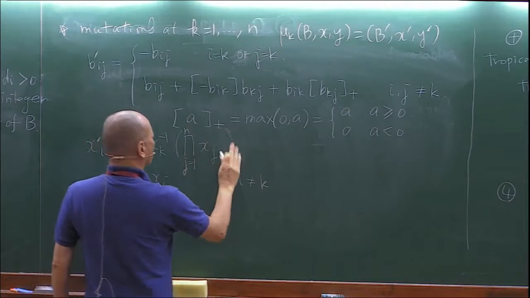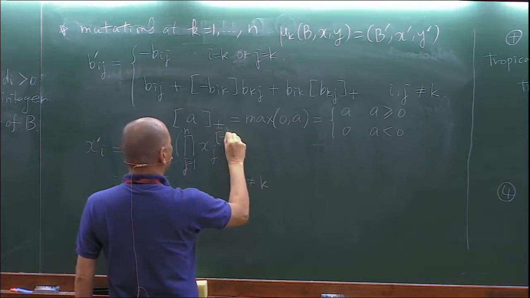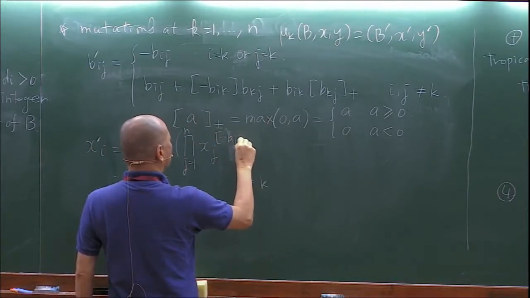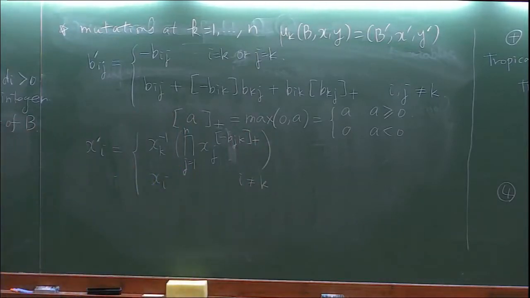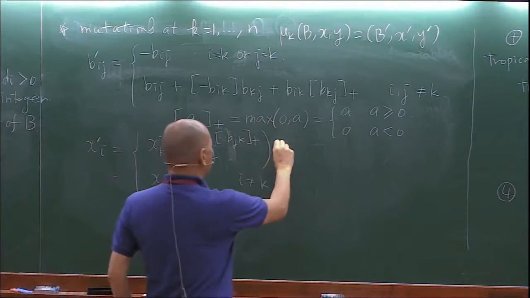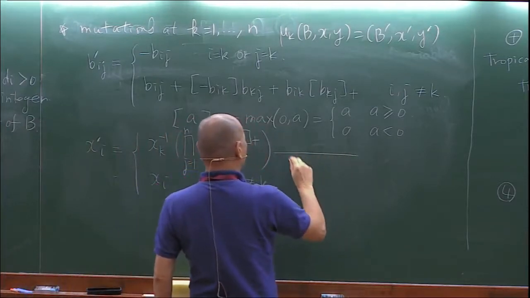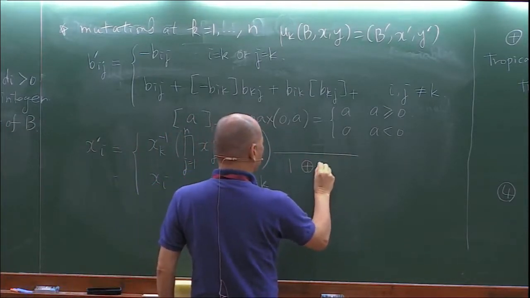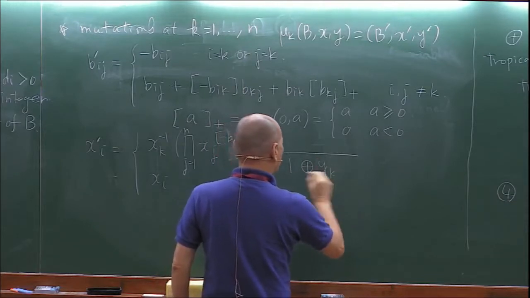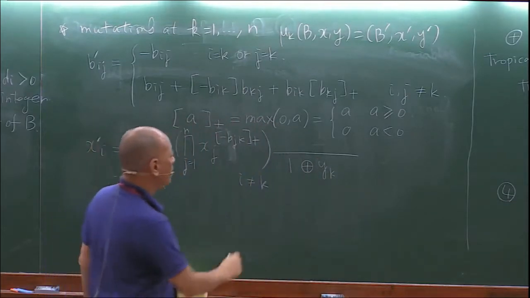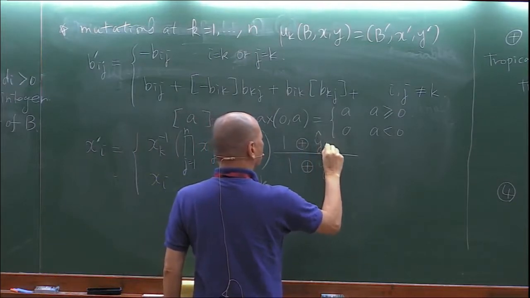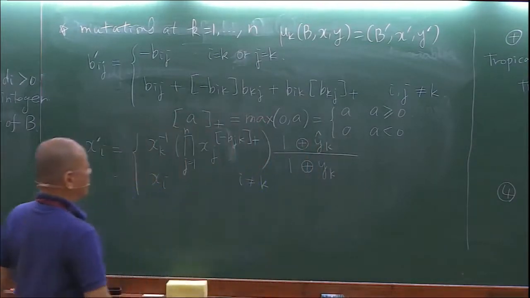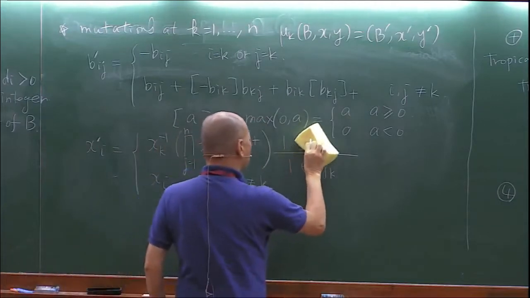Using this notation, minus b_jk plus, and this is a multiplication of some monomial, this is an element in P, and we have some element in the ambient field, which I'm going to write.